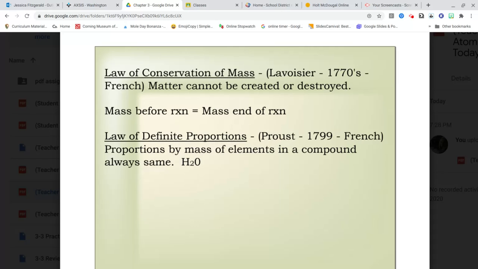So we're going to mathematically work this out later in the year with percent composition, where we look at water, H2O. We know water has a total mass of 18 grams. 2 grams would be made up of your hydrogen atoms, and 16 grams would be made up of your oxygen atom. And that would be the same for every single water molecule out there.